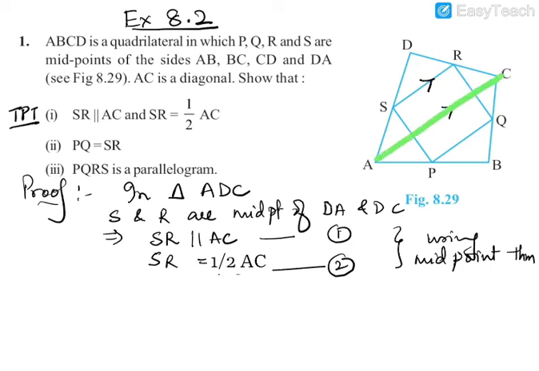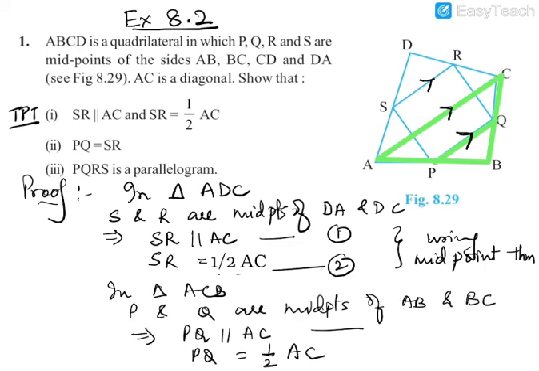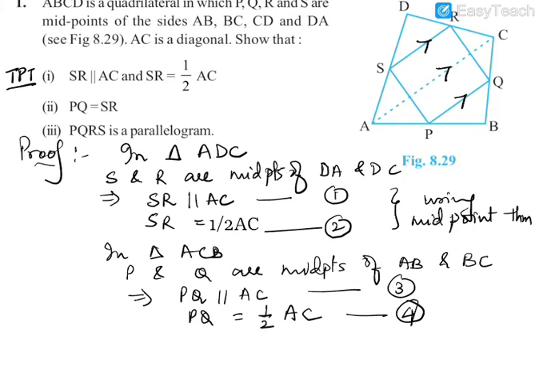Now we will consider triangle ACB. In this triangle, P and Q are midpoints of two sides, AB and BC. So the line joining these 2 points, that is PQ, will be parallel to the third side and half of it. Let's mark these results as 3 and 4. So from 1 and 3, we have AC parallel to SR and AC parallel to PQ.